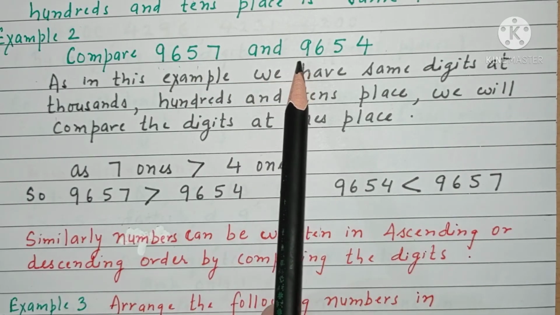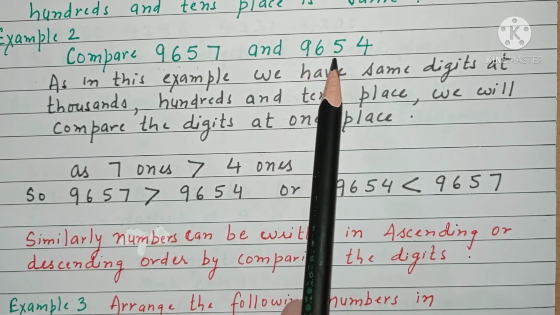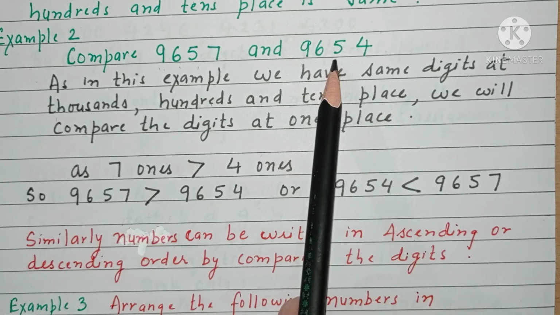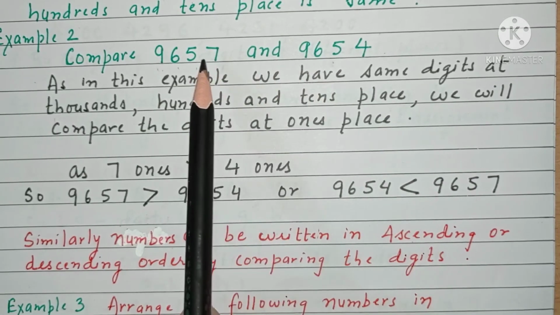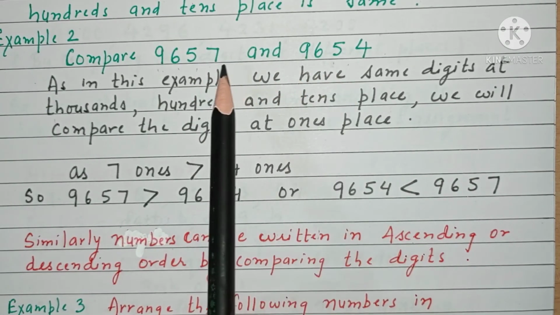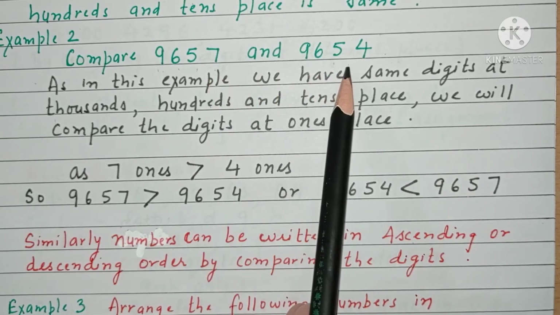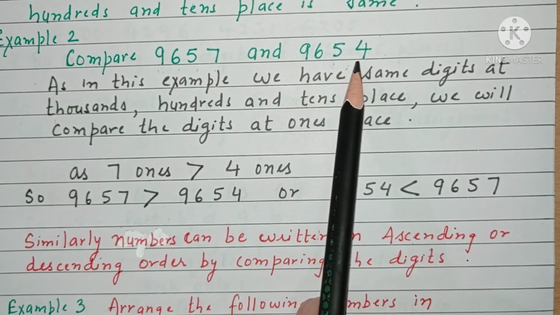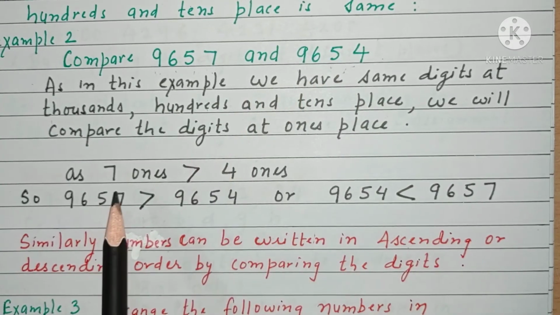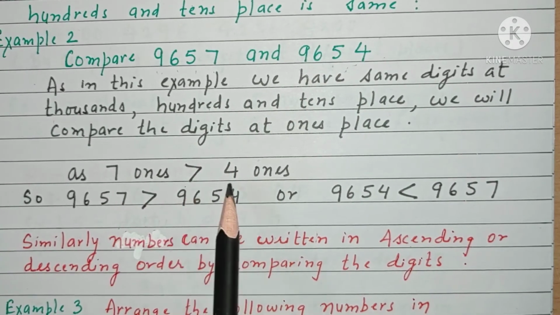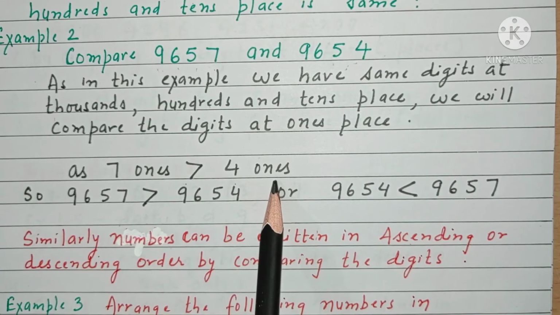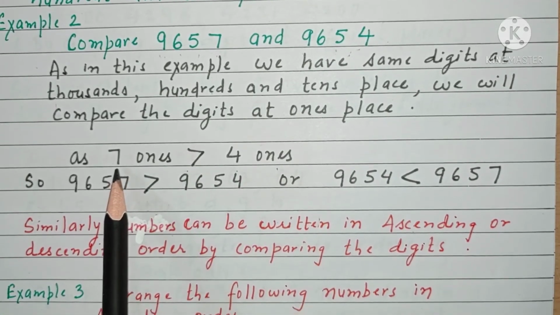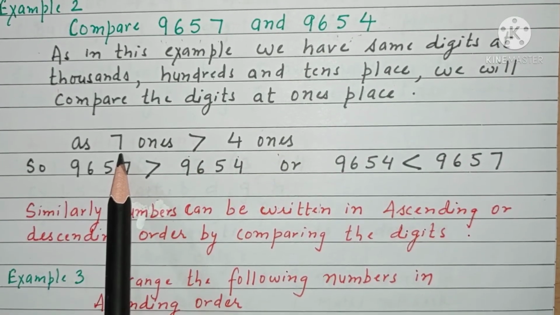Now we are left with only the ones place. So comparing the numbers at the ones place, we are having 7 and 4. Now, as we know, 7 ones is more than 4 ones. So, the number which is having more ones will be greater.